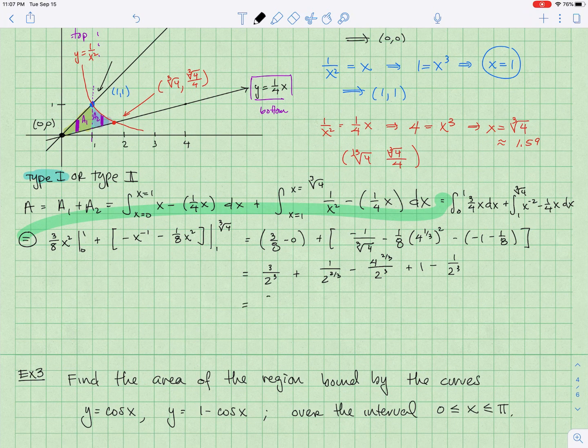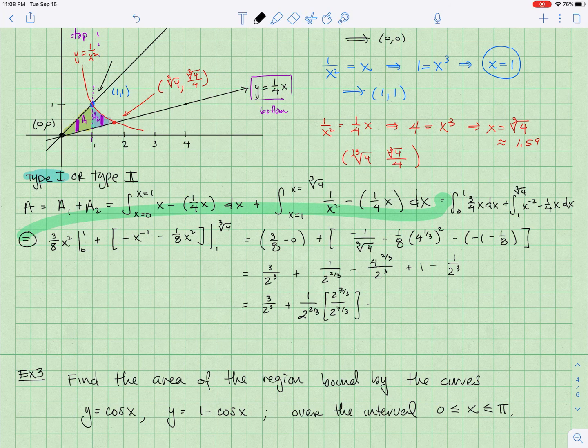So this is 3 over 2 cubed plus 1 over 2 to the 2/3, which I'm going to multiply top and bottom by 2 to the 7/3. Why am I doing that? Because I'm clever.